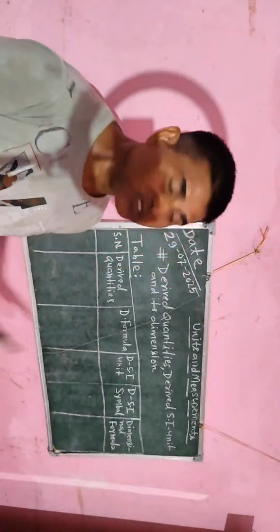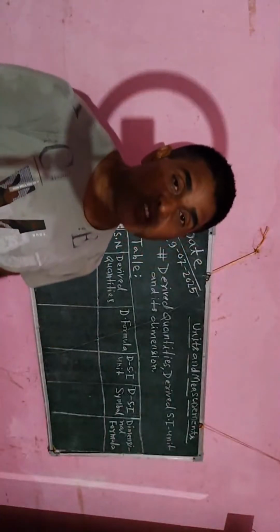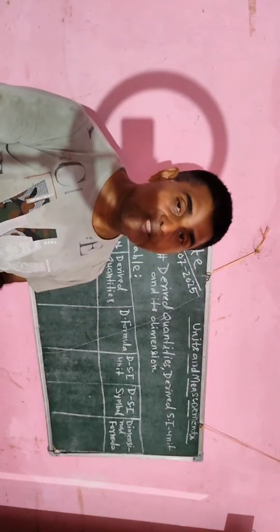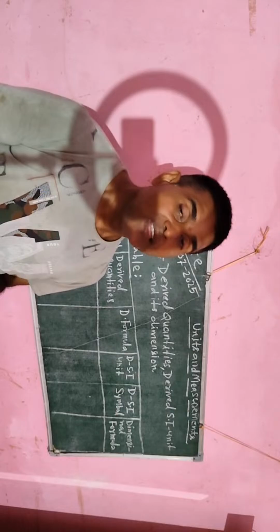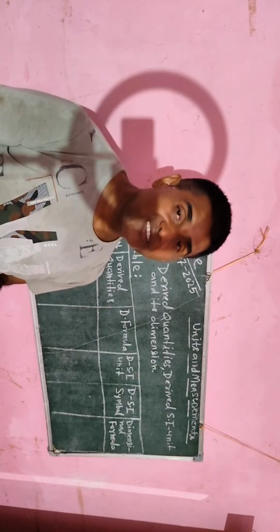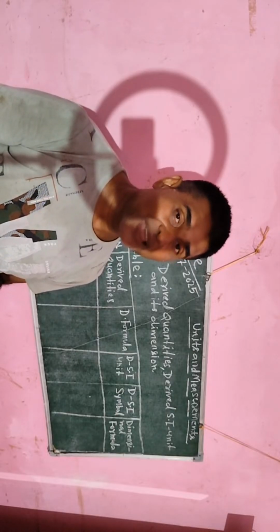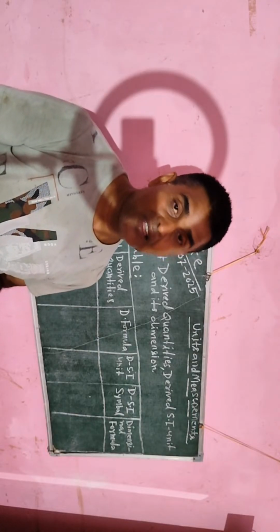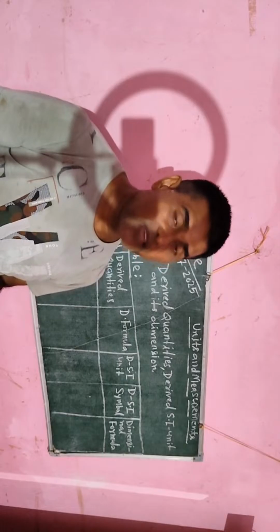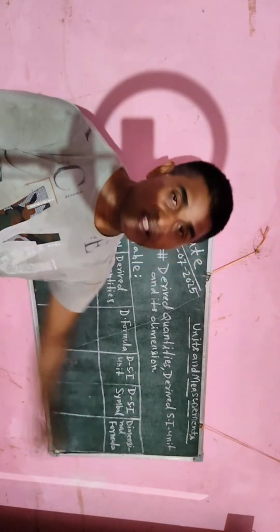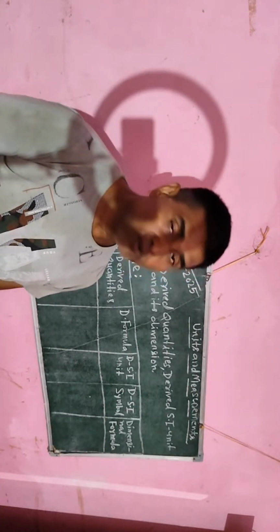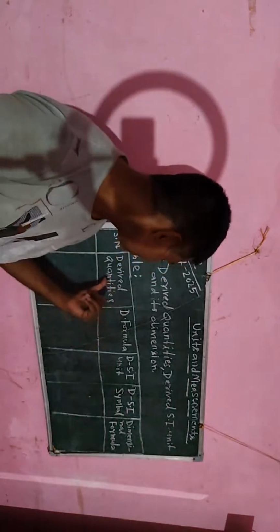Okay students, so you concentrate on this topic from start to end. Any derived quantity that is in front of you, you can easily say what the derived formula is and what the derived SI unit is, and then you can also write the derived SI symbol, and also the dimensional formula of the derived quantity.